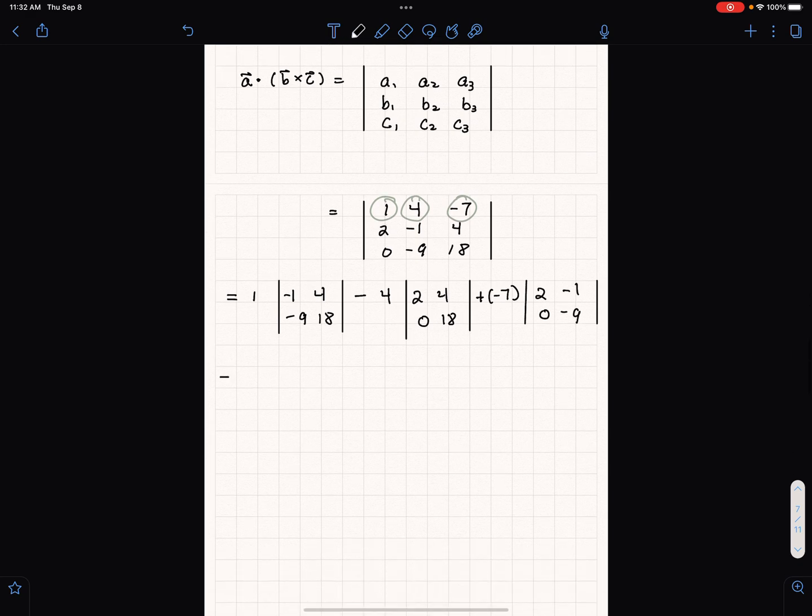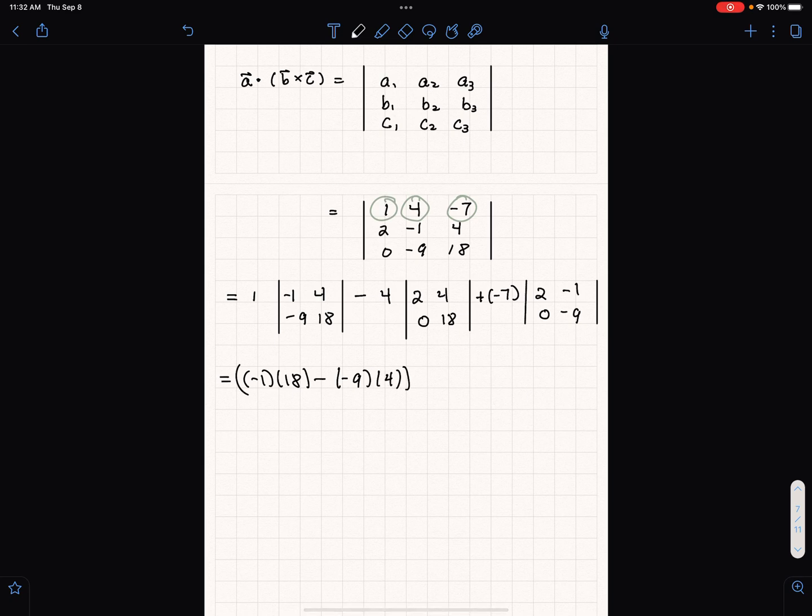Pushing ahead, these are 2 by 2 determinants, so I multiply across the main diagonal and I get negative 1 times 18, and I subtract the other direction and get negative 9 times 4.